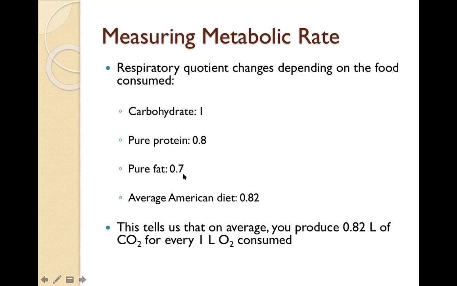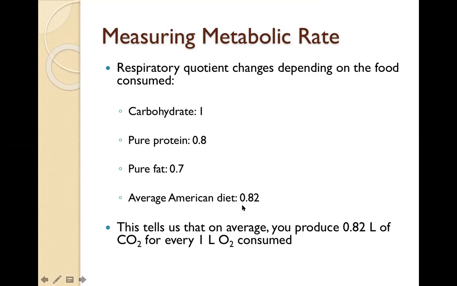The average diet, your textbook is written with the American diet in mind. The average American diet has a respiratory quotient of 0.82. And so we round that in some of our calculations to a respiratory quotient of 0.8. That's usually what we use.